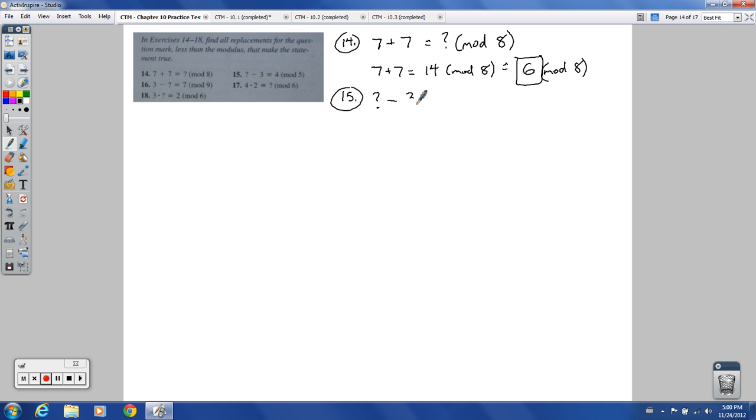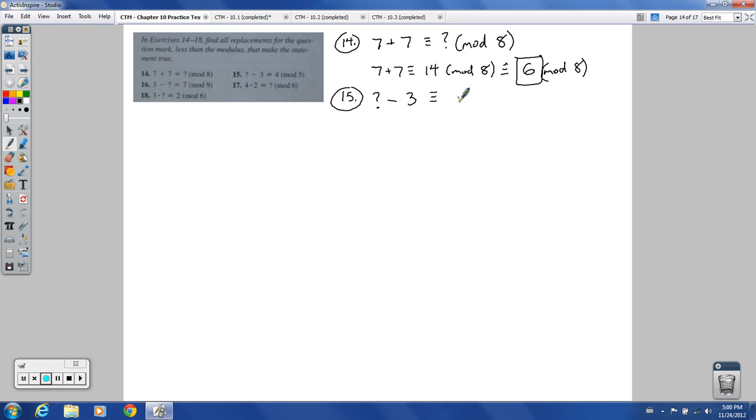Okay, so what could go in the question mark here? Question mark minus 3 is congruent to, not equal to, 4 mod 5. I meant to do that up here as well.